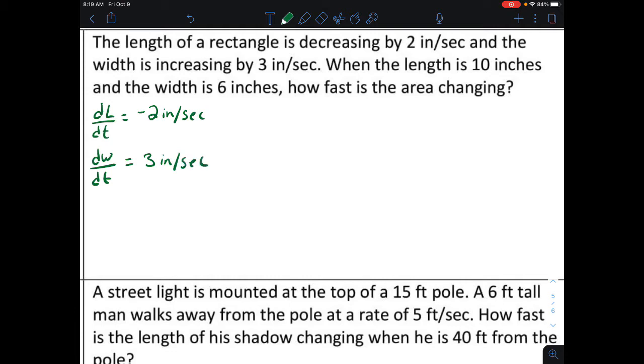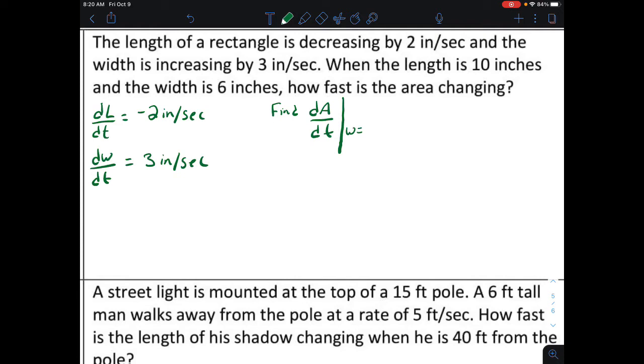And then we continue reading on. When the length is 10 inches and the width is 6, how fast is the area changing? So basically we're trying to find the rate of change of area with respect to time of this rectangle when the width is 6 and the length is 10.